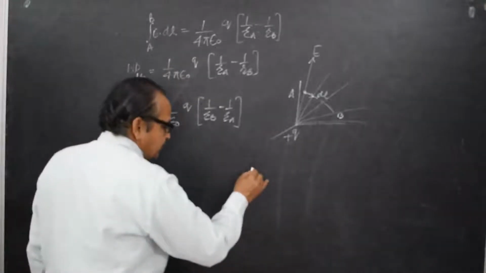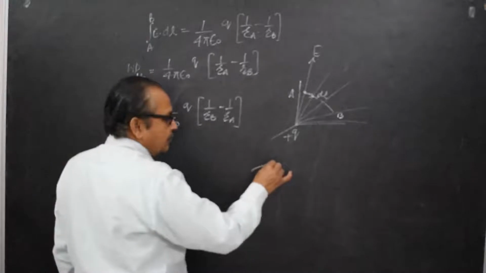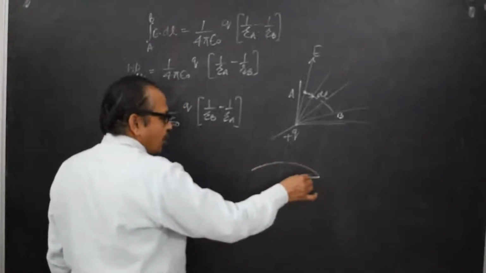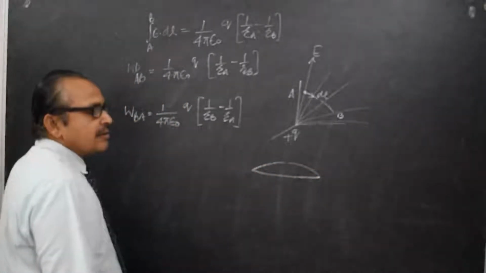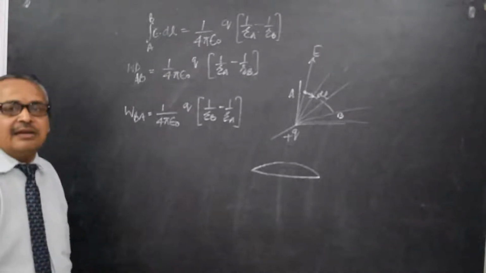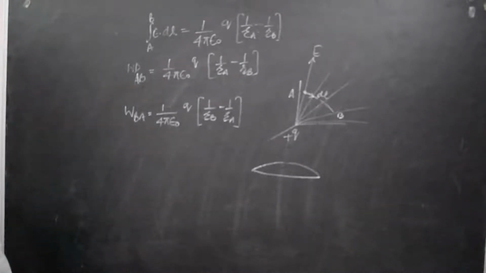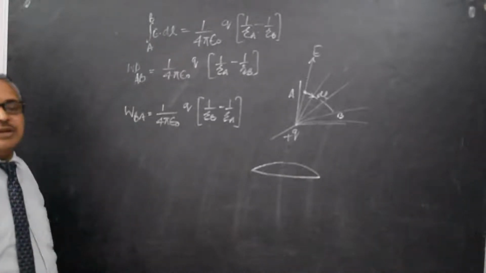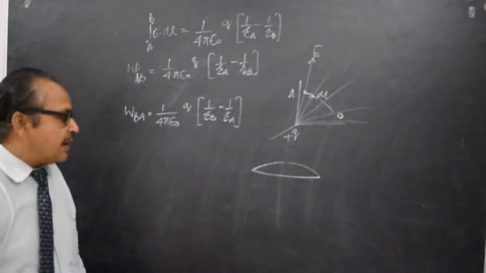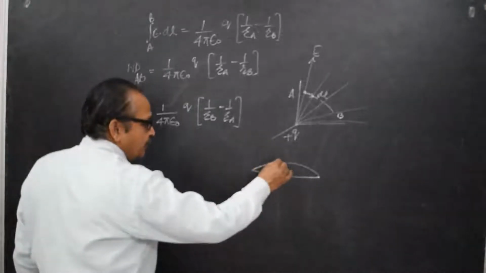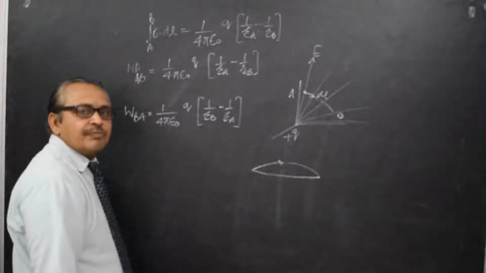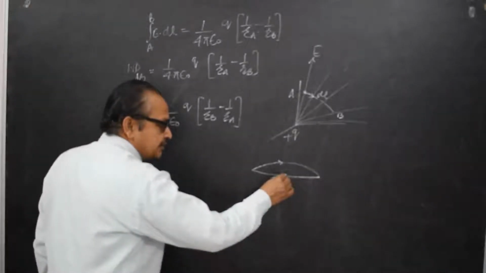Now suppose we want to find out the amount of work done by the line integral in a closed path. That means first of all we have to find this, and then we have to find this.